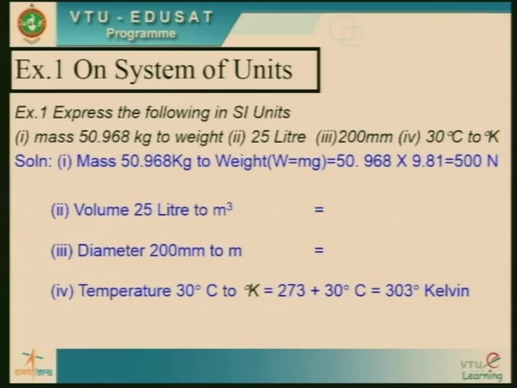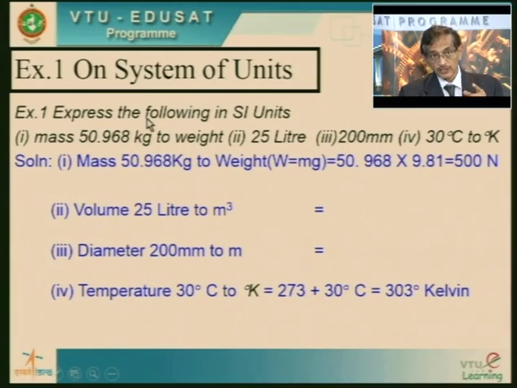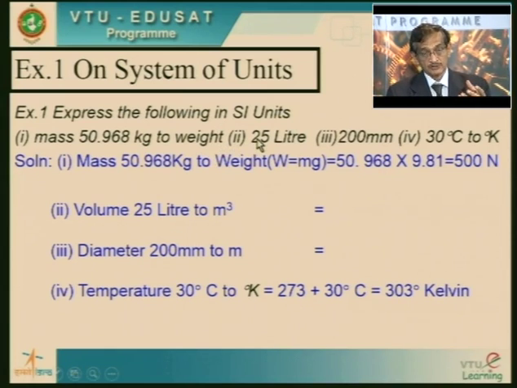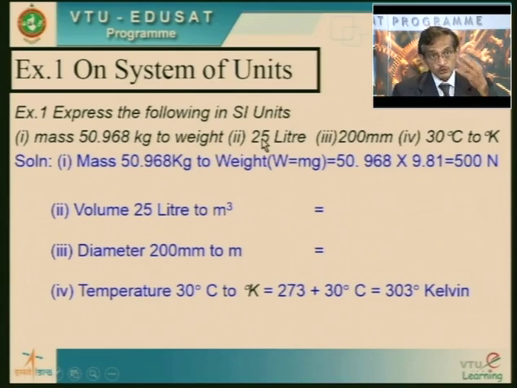Let us start the first problem on system of units. Question number 1 is on system of units. Express the following in SI units. I think I already told you we have the International System of Units, and any quantity given in any other units needs to be converted to SI. SI units we are going to follow. Is it okay?